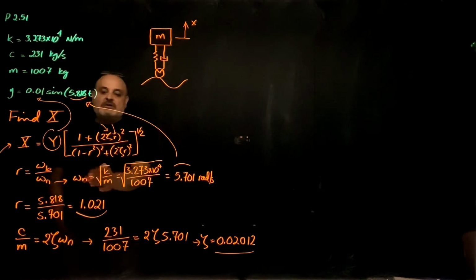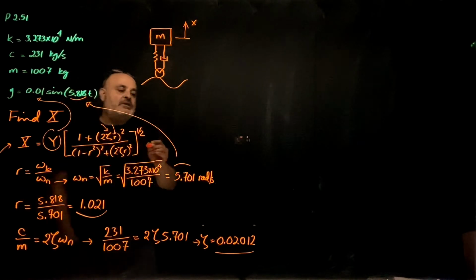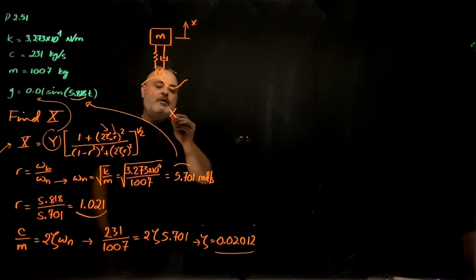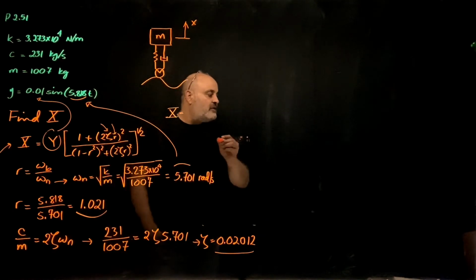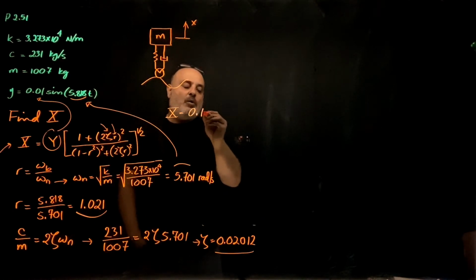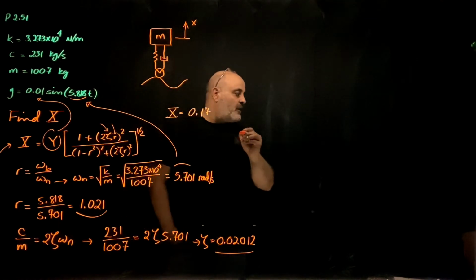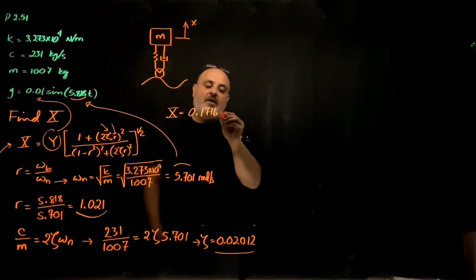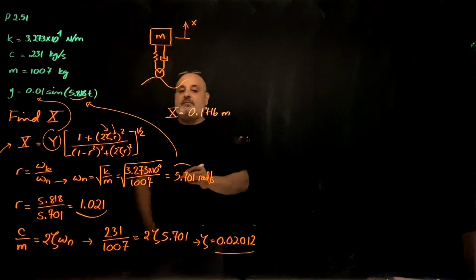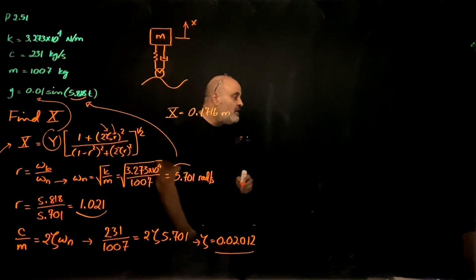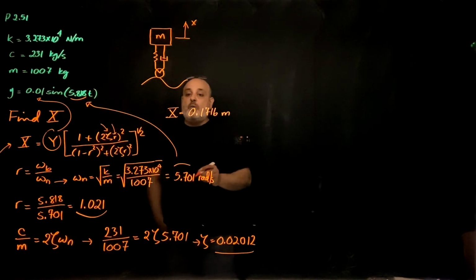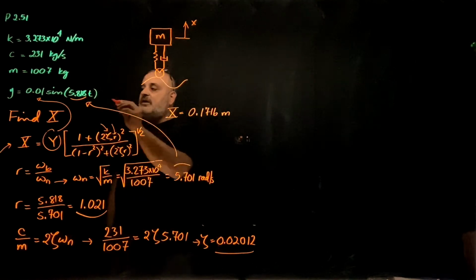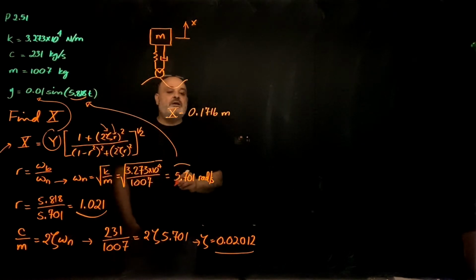So I can plug all these numbers into this equation, and solving for x, x will turn out to be 0.1716, which is way much larger than the excitation amplitude.